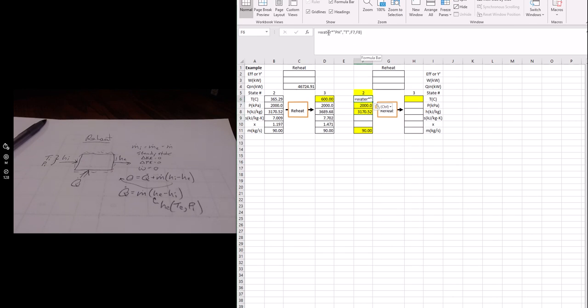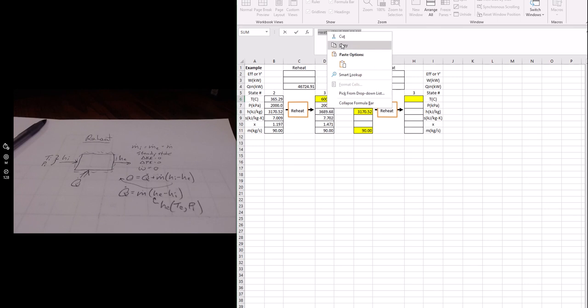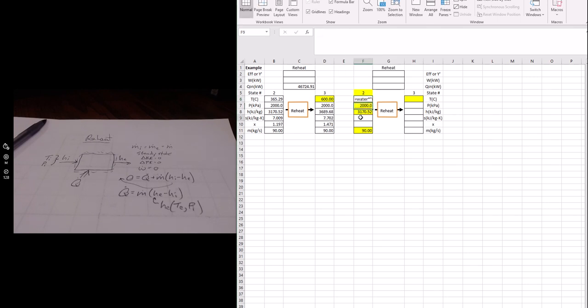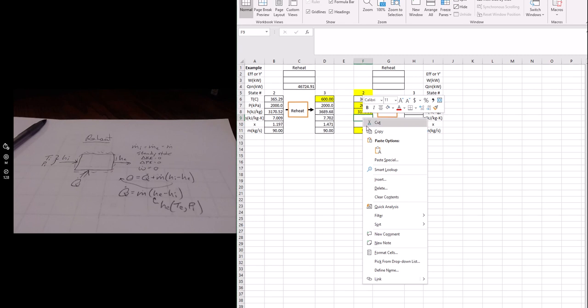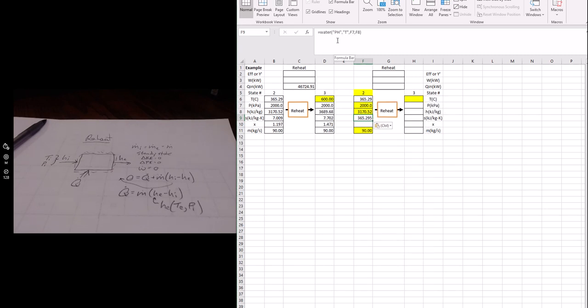Don't know why I didn't put parenthesis there. All right, so copy that. And still didn't like it. There we go.